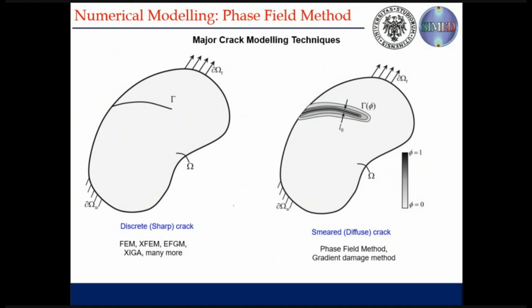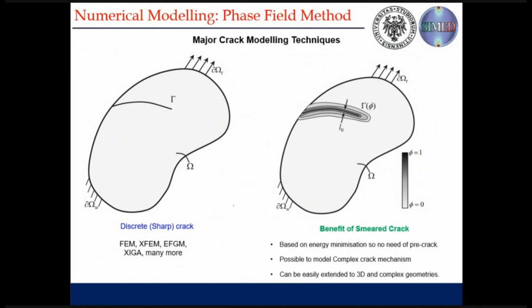And the other approach is the smeared or the diffuse crack, in which we have options like phase field or the gradient damage. This approach is based on the energy, and we diffuse the crack in the whole domain, and we control it with a scalar variable, and the value of that scalar variable will tell us if there is a crack or it's an intact material.